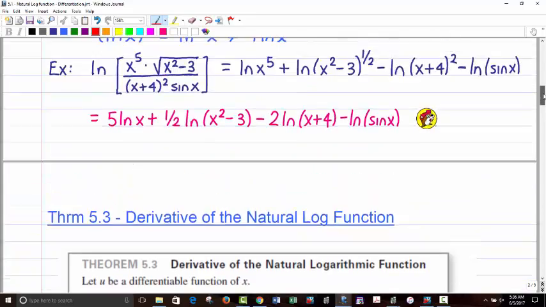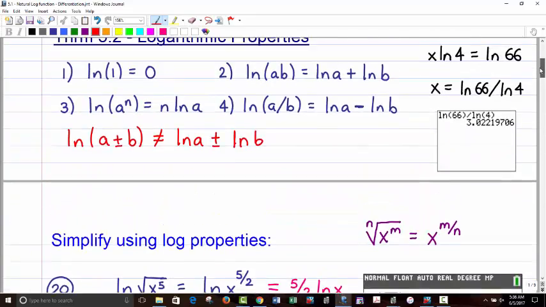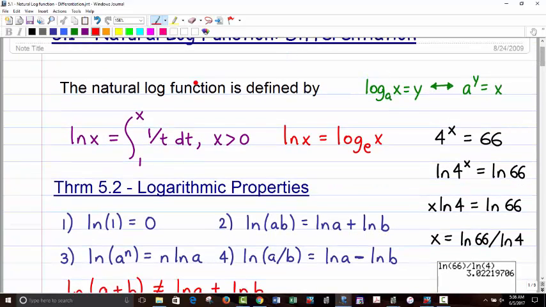But let me come back up here for a second to show you something. This goes back to a previous section, I believe it's 4.4, the second fundamental theorem of calculus. If you wanted to take the derivative of this, we're saying ln of x equals this integral, and you want to take the derivative, all you have to do is replace t with x.